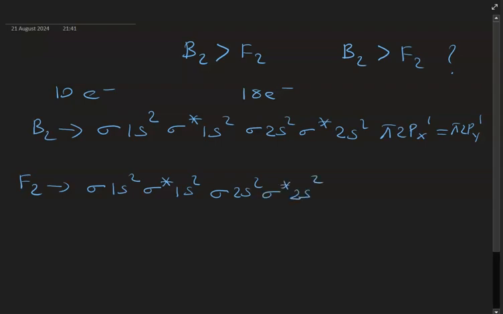Now, before pi 2px equal to pi 2py, sigma 2pz will come. Take sigma 2pz2, then pi 2px is equal to pi 2py, both contain 2 electrons.